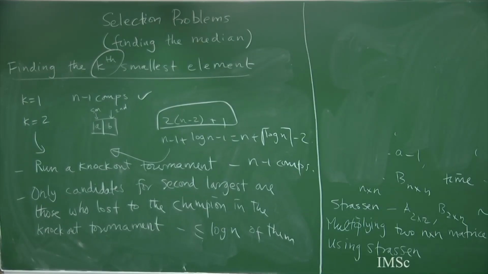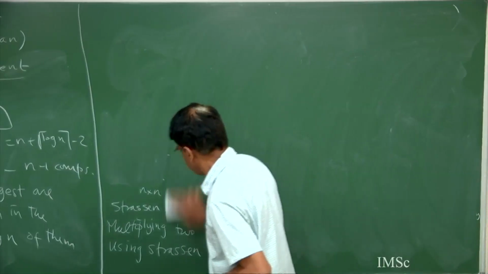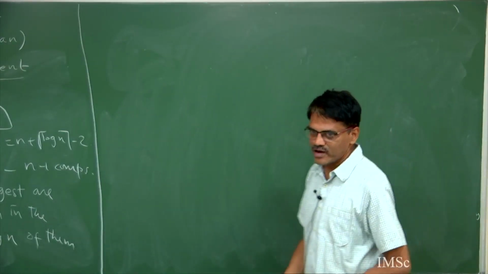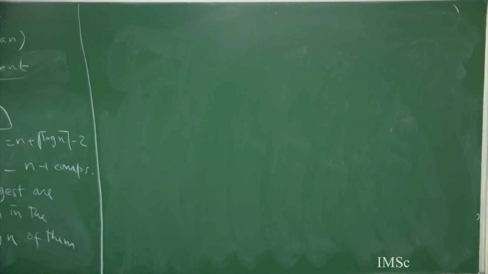Here is a hint: recall heap sort. If all I care about is only the kth smallest element, what can you do?